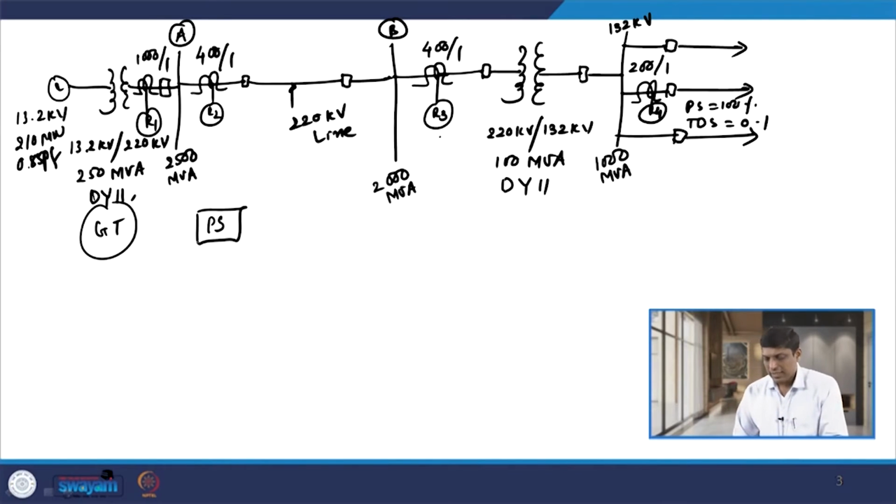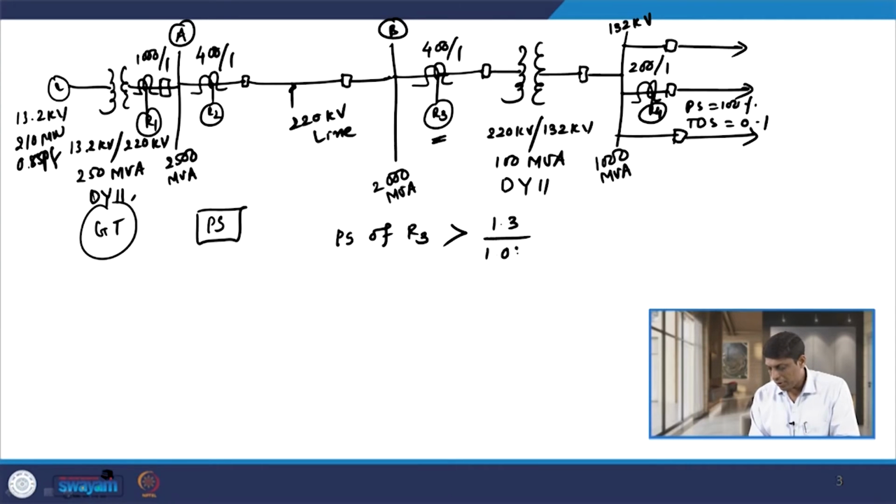Let us decide the plug setting of relay R3. As I told you, the plug setting of relay R3 is decided based on the plug setting of relay R4. As I told you earlier, the plug setting of relay R3 is greater than 1.3 divided by 1.05 into the plug setting of relay R4.